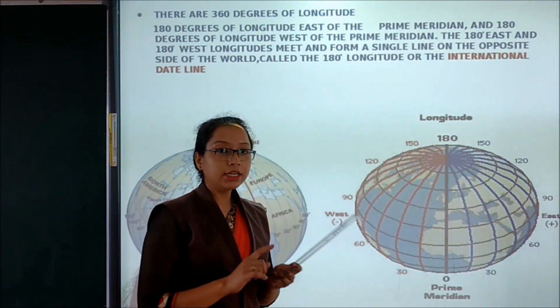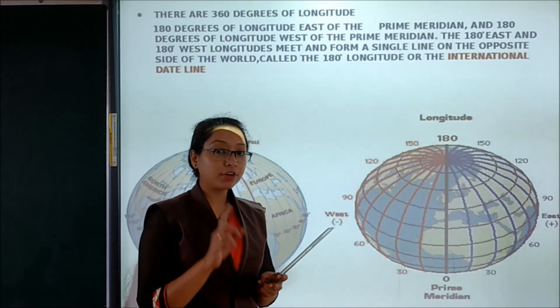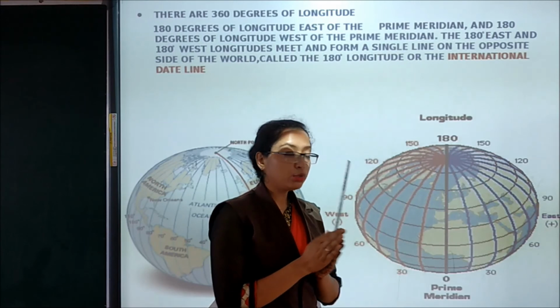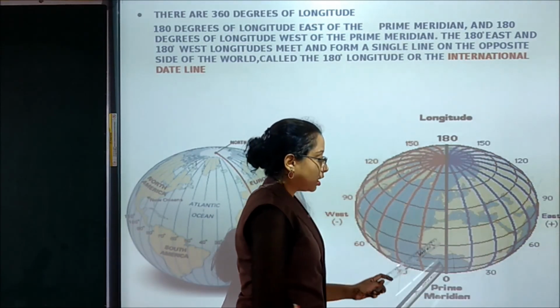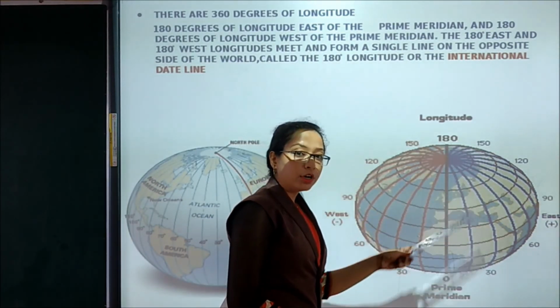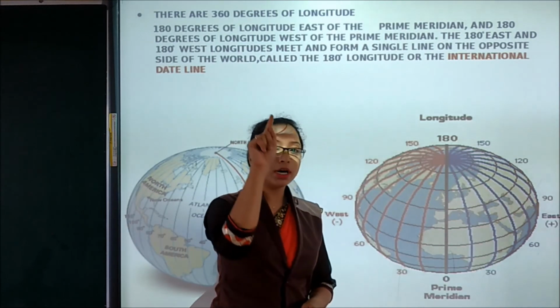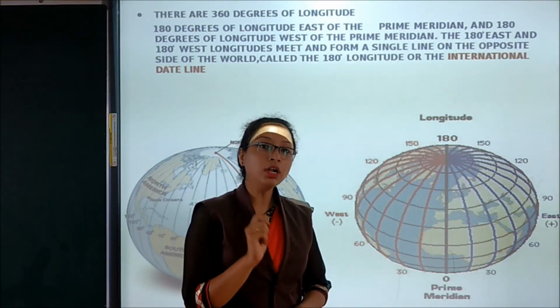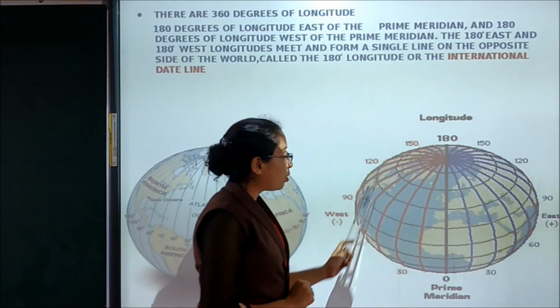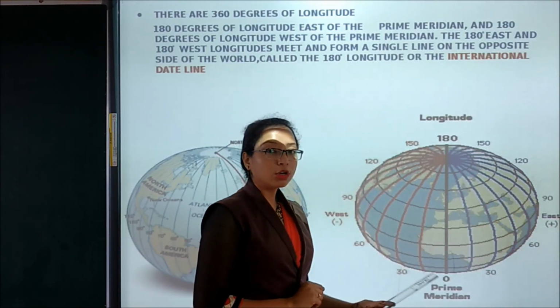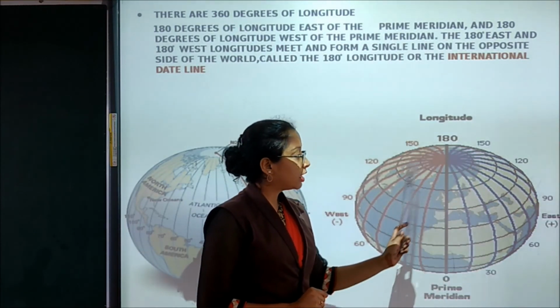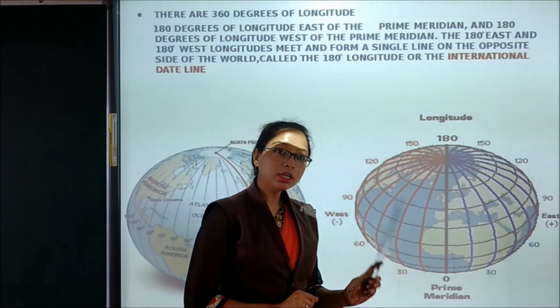The 180 degree of west longitude and 180 degree of east longitude join on the opposite side of the world, they form a single line, and that single line is called the international date line. And all together, this 180 degree and this 180 degree are 360 in number.